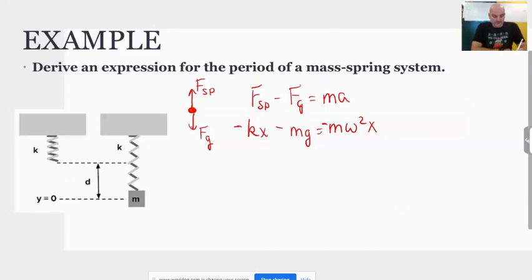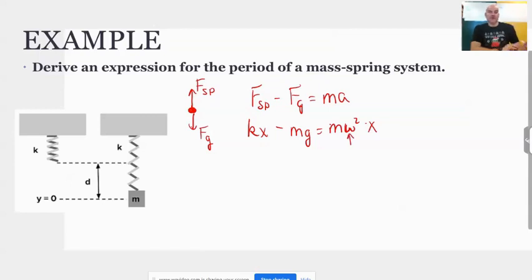We know that the object is going to accelerate up, so that's why we're going to plug in a positive omega squared x. Now I need to solve this for omega.